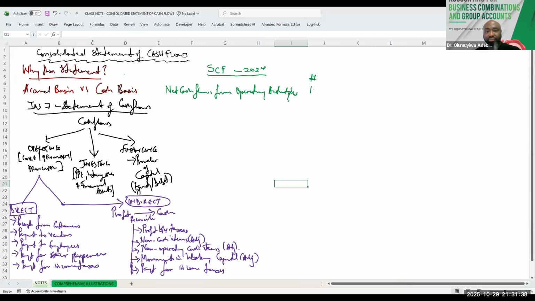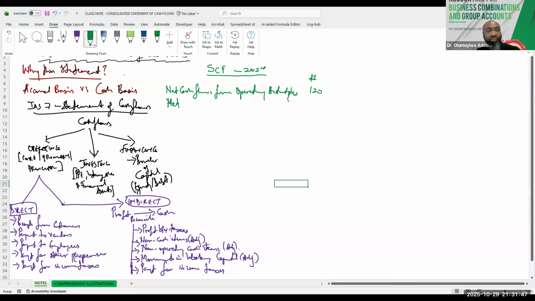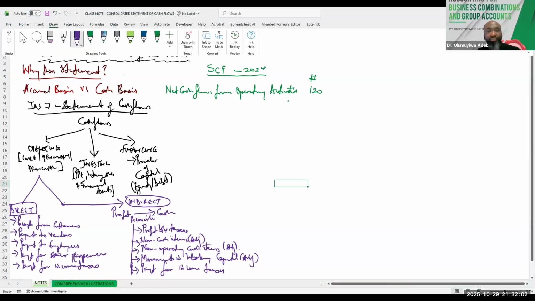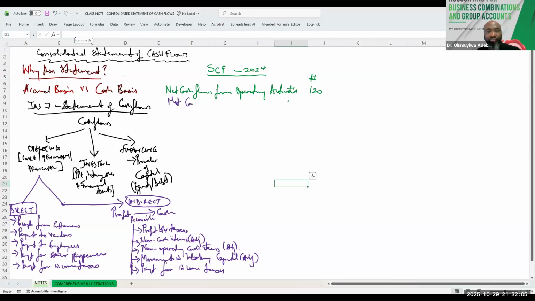Whatever it is, your net cash flow, let us assume is negative, used by investing activity, we adjust for that.